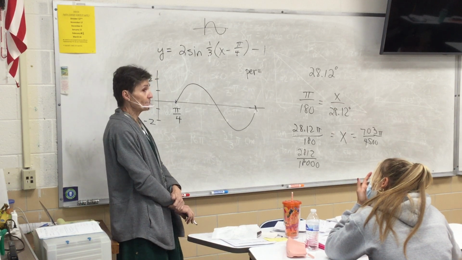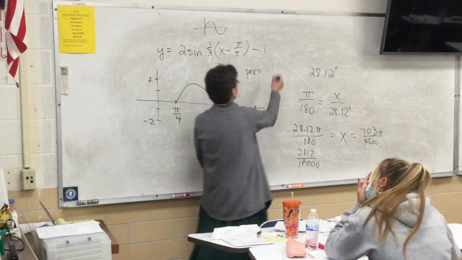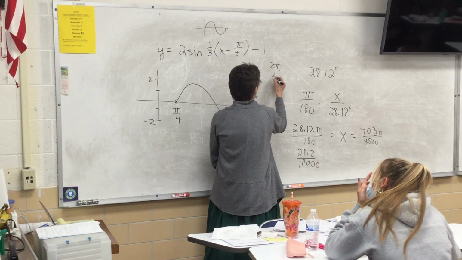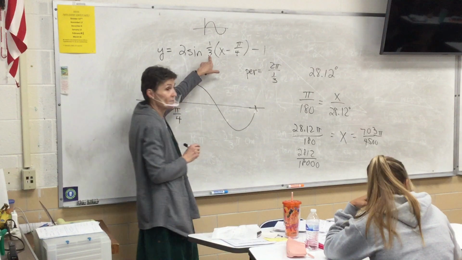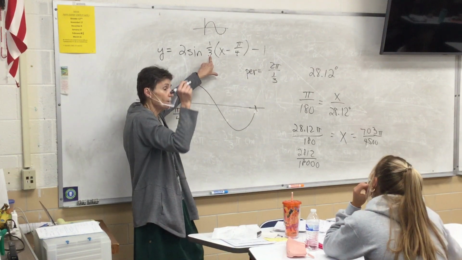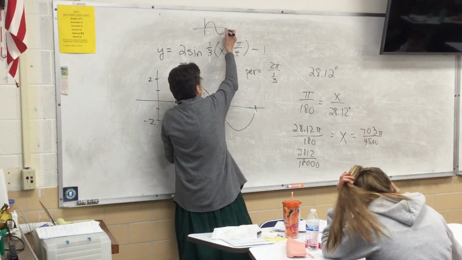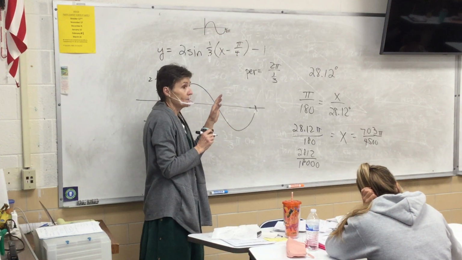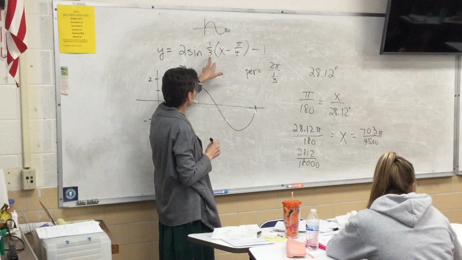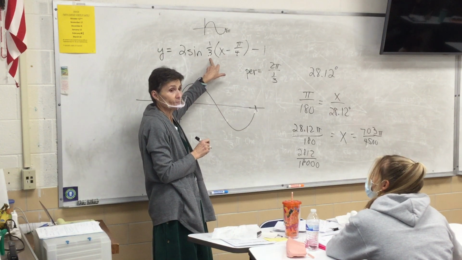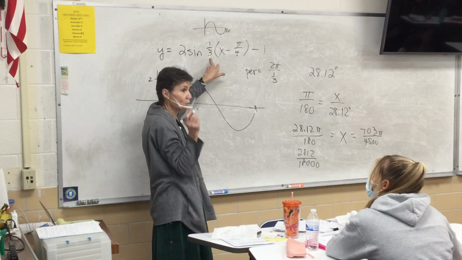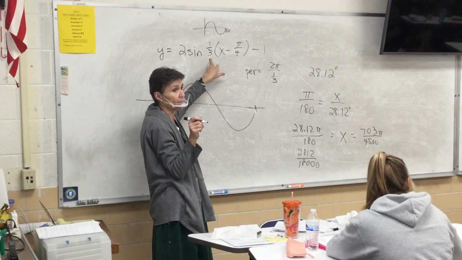It is definitely divided by 1/3, but it's always 2 pi divided by this number. So the period of a regular sine curve is 2 pi. That gets divided by this number. It's always 2 pi for a sine and a cosine.